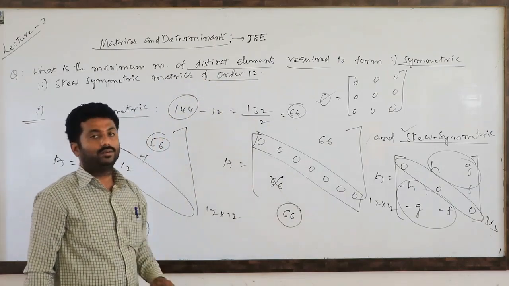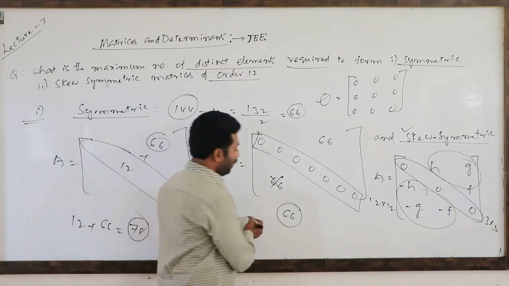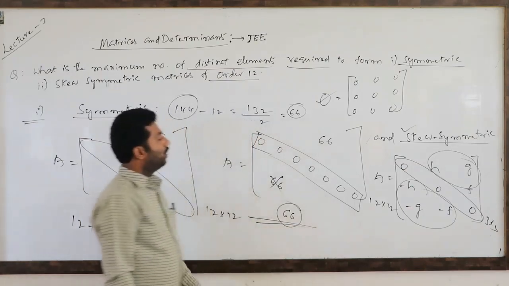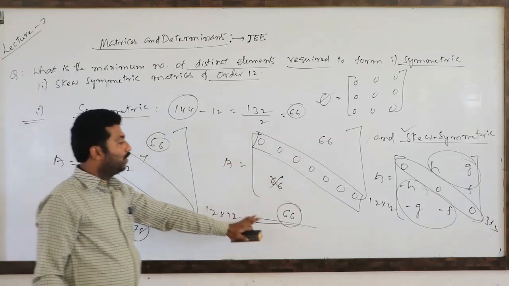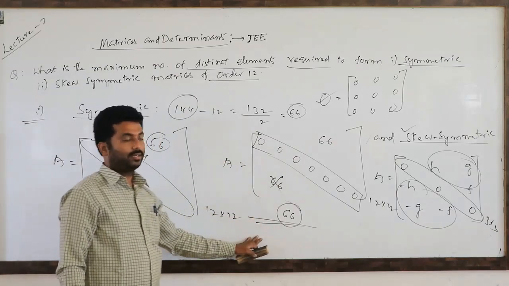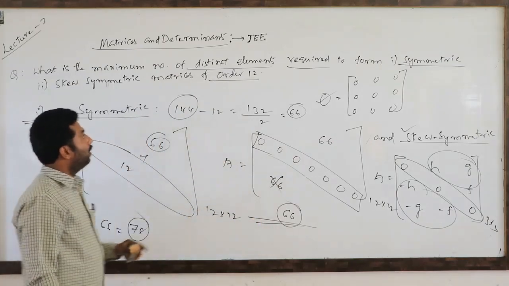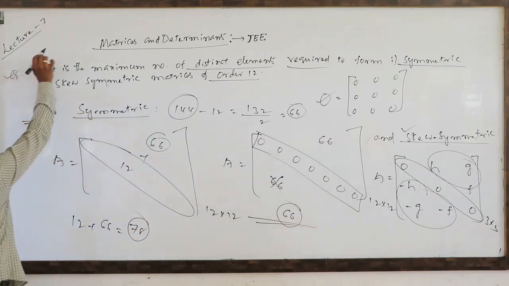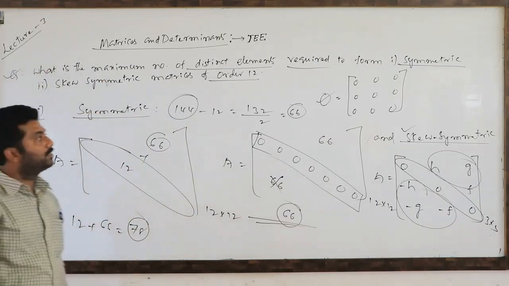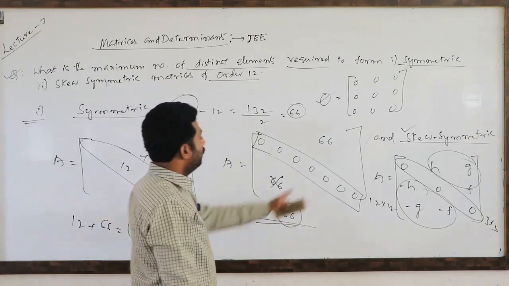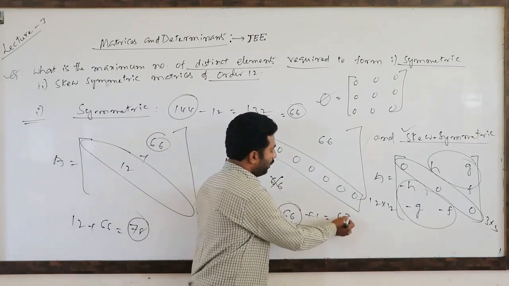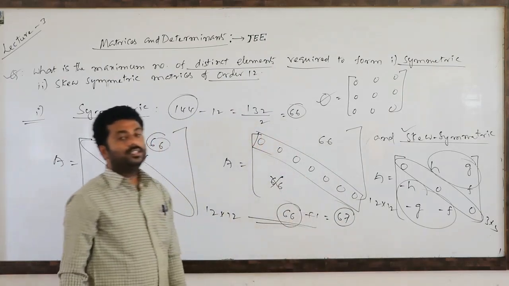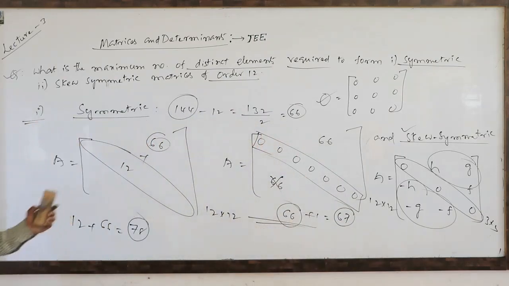Like that we have to find the number of distinct elements to form symmetric and skew symmetric matrices. Then if you add one more 0, it is 1 more, so that is 67 distinct elements required.